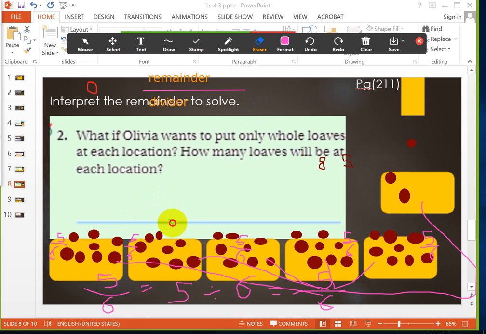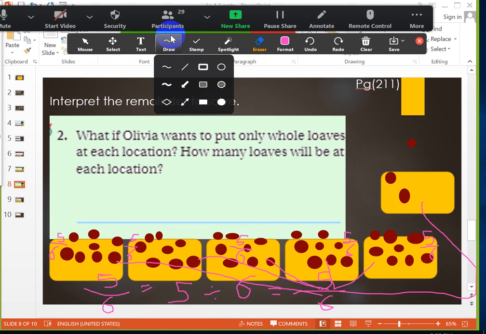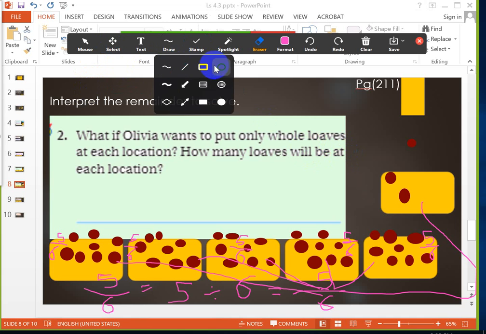Okay, what if Olivia wants to put only whole loaves at each location? How many loaves will be at each location? Okay, look, girls, now if Olivia wants, okay, I will write this again.